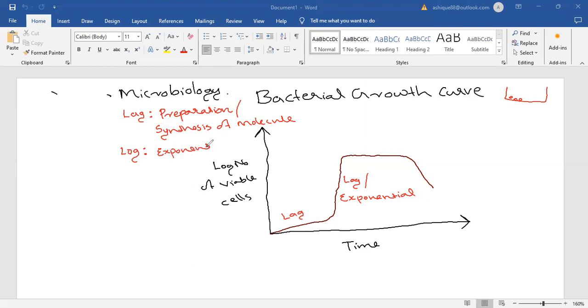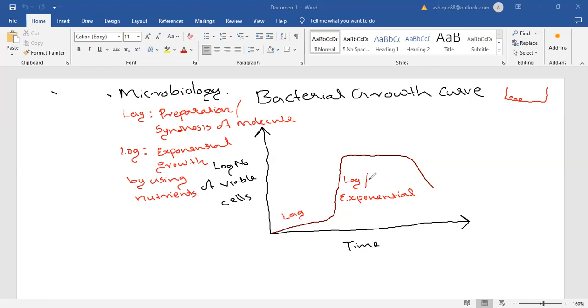Nutrients are already synthesized, so by using the nutrients, you can see exponential growth during the log phase. That is the second phase, known as the log phase.